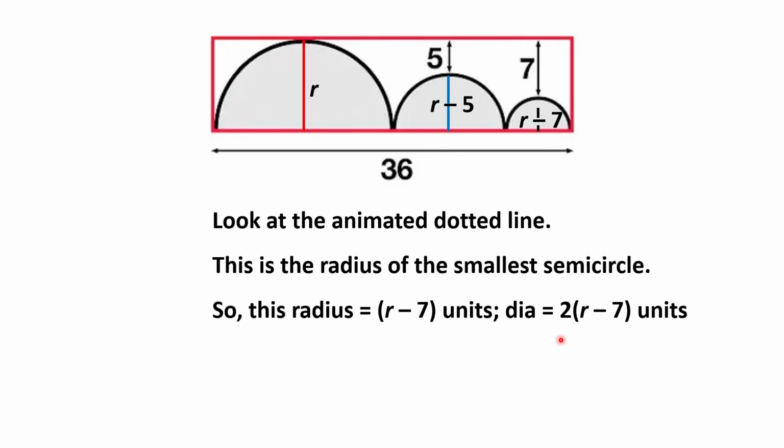So its diameter would be twice r minus 7 units. So we got the radii as r minus 5 and r minus 7 units.